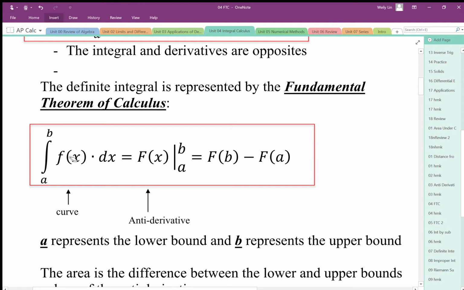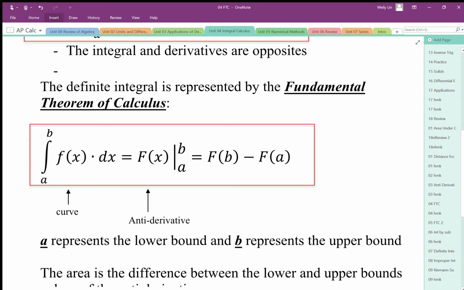Well, that area under the curve happens to be the displacement on the antiderivative function, and vice versa. So I can calculate the displacement on the antiderivative, and that gives me the area underneath this curve. That's the second part of the fundamental theorem of calculus.